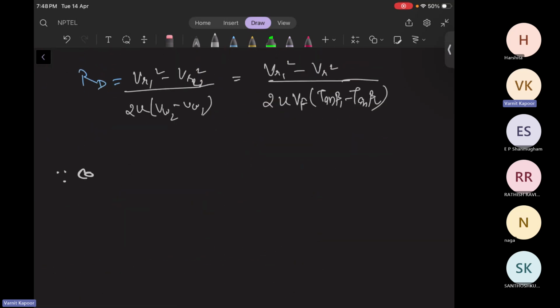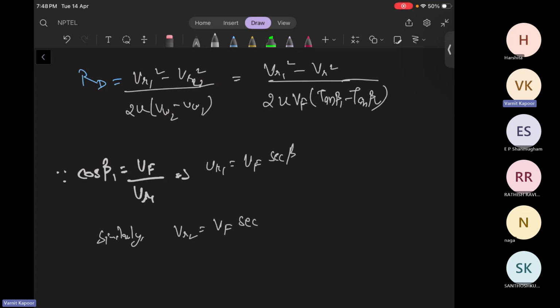Since cos beta 1 is Vf by Vr1, this implies your Vr1 will be Vf times secant beta 1. And similarly, Vr2 will be Vf times secant beta 2.